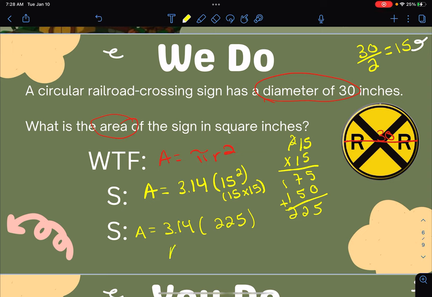So in order to get your answer, you need to go ahead and multiply 3.14 times 225. And then you have your answer for the area. I'm not going to finish solving it. We did the majority of it together. So you just have to multiply those two numbers, okay?